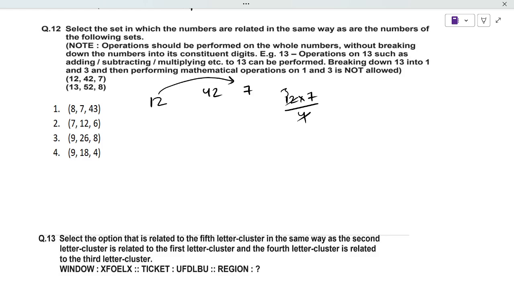Okay, why don't we try with the other one again? Yes, instead of dividing by 4, let's divide by 2. 2 1 times, 2 6 times, so 6 7 times is 42. So we're getting it. So we have 13, 52 and 8. If we multiply these two, 13 into 8, and divide by 2, 4 13 times will give us 52.